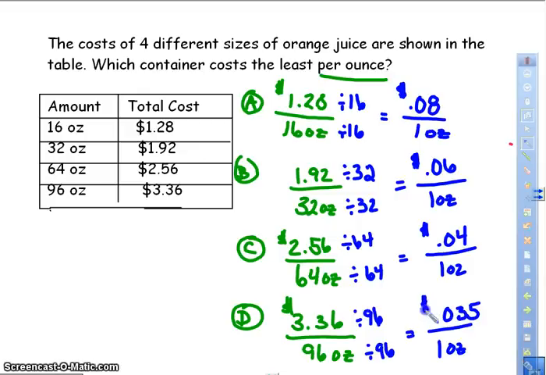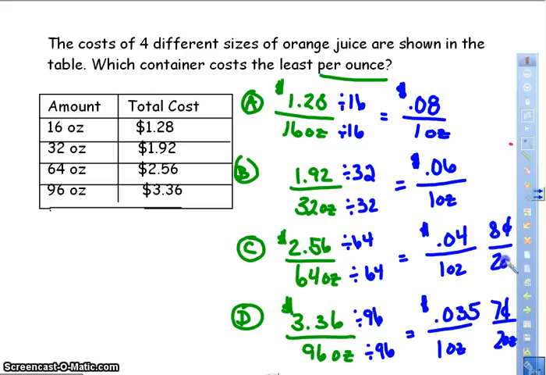Okay, now that is not an actual change amount, but I'm going to keep it like that because if I double that, 0.035 times 2 or add it to itself, you're going to get 7 cents. So for 2 ounces, I'm paying 7 cents. Now, if I look at this one, because I would round this actually to 0.04, if I look at this container, knowing that this costs 7 cents per 2 ounces, and I double this, it's going to be 8 cents per 2 ounces.